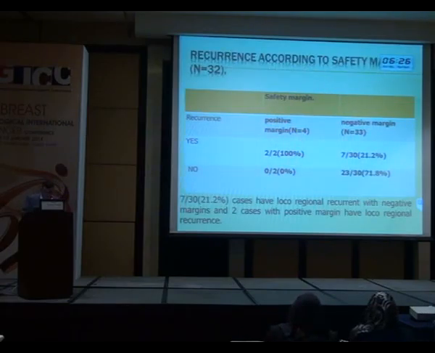This table shows the recurrence according to safety margin. We have 7 cases with loco-regional recurrence with negative margins after surgery, and 2 cases with positive margins that had loco-regional recurrence.